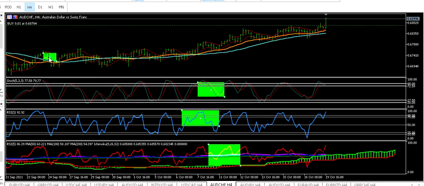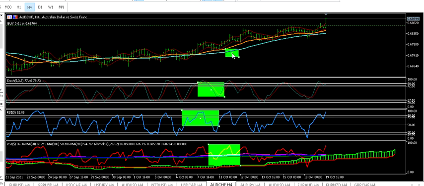So for sell, that's the opposite of buy. For buy, you allow the price bar to cross above the two moving averages, and you look for buy opportunities. Also, you allow the orange moving average to cross above the blue moving average, then you look for buy opportunities.